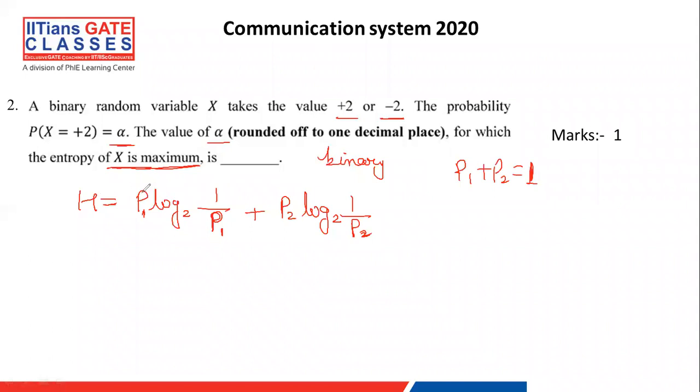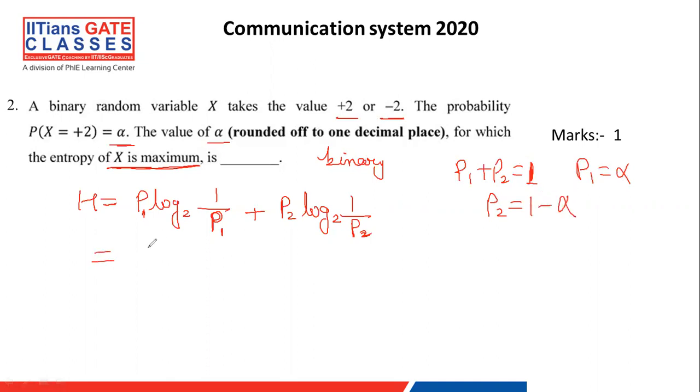This is the entropy where P1 is the probability of the first symbol and P2 is the probability of the second symbol. Now it is given the first symbol is alpha and the second symbol will be 1 minus alpha. So P1 is alpha and P2 will be 1 minus alpha.